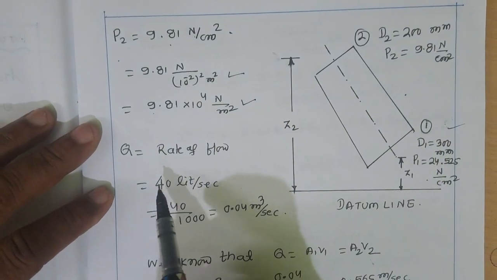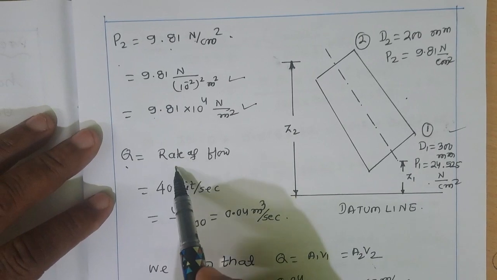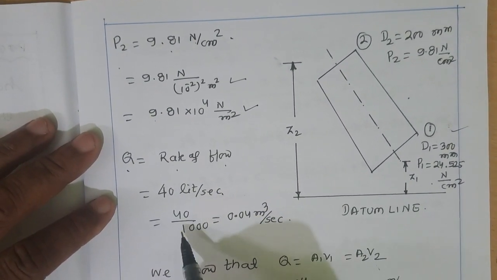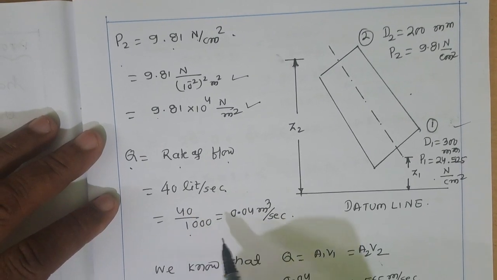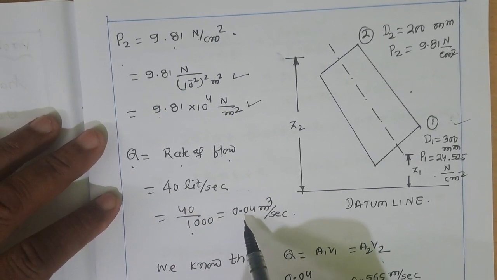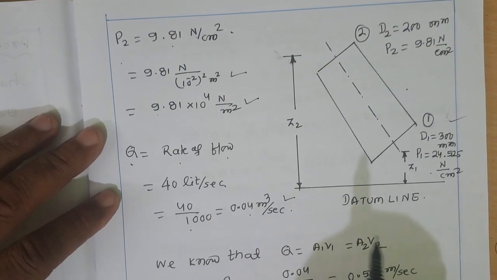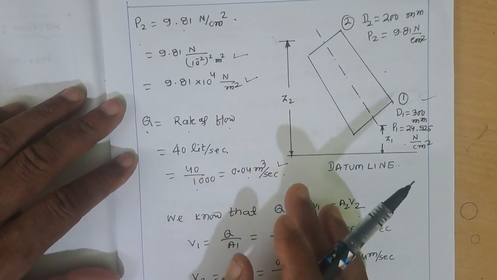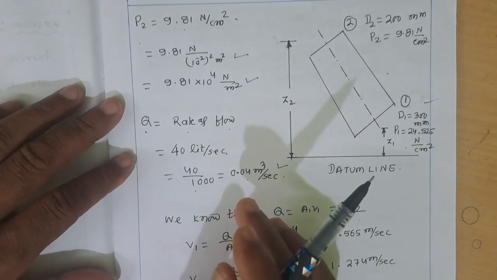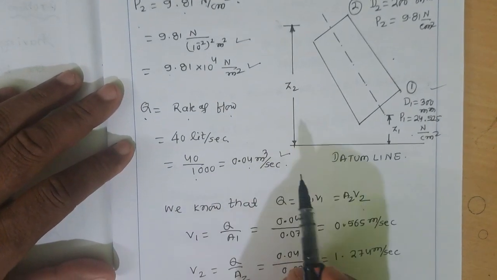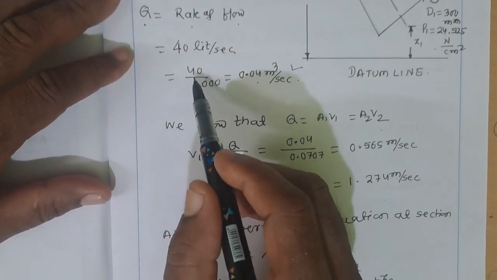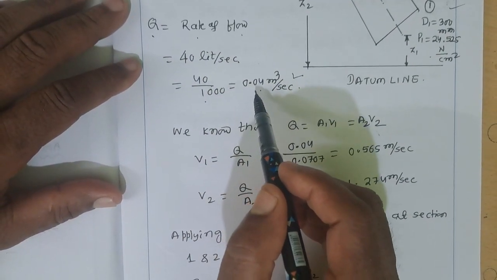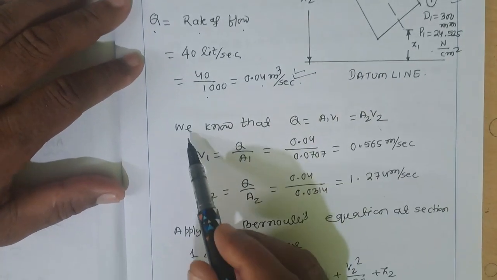Again, we know that Q is equal to rate of flow is equal to 40 liter per second, or 40 by 1000 is equal to 0.04 meter cube per second, because you should know that 1 liter is equal to 1000 centimeter cube, or 1 liter is equal to 1 by 1000 meter cube. Therefore, I am writing 40 by 1000 is equal to 0.04 meter cube per second.